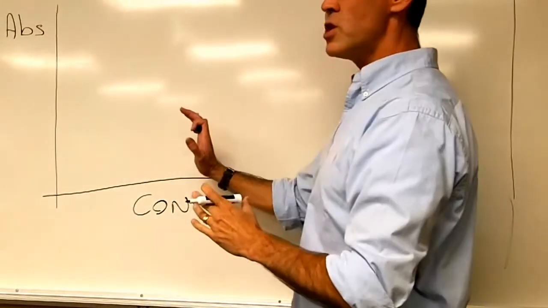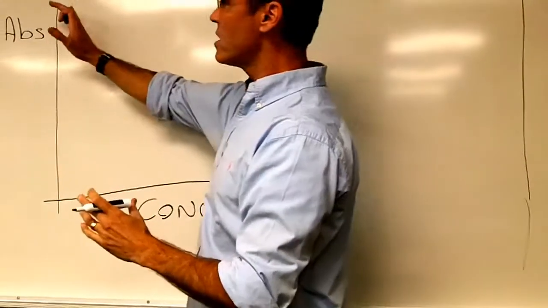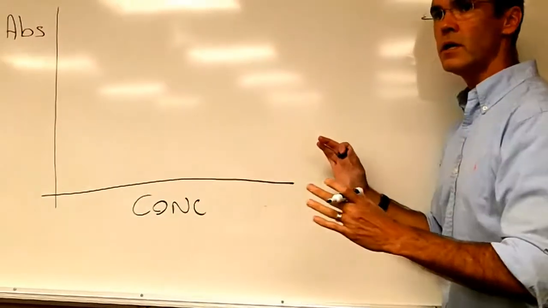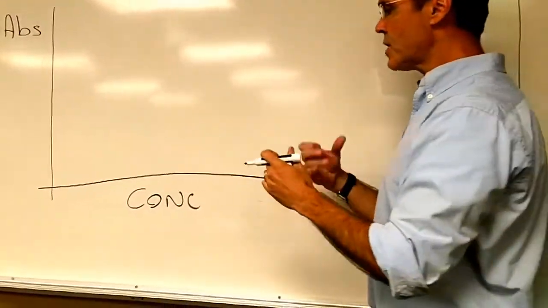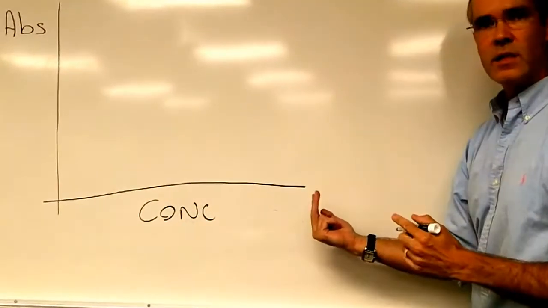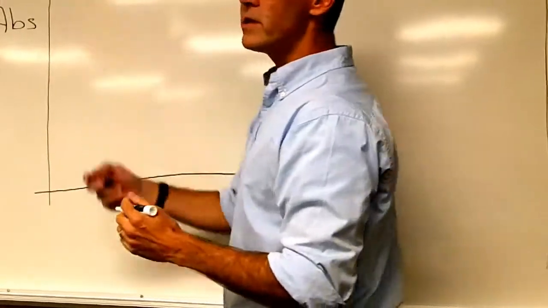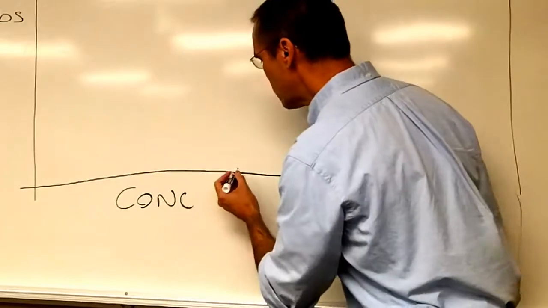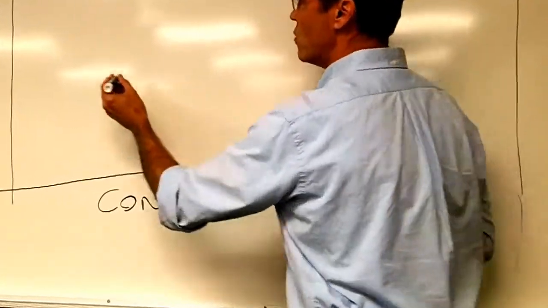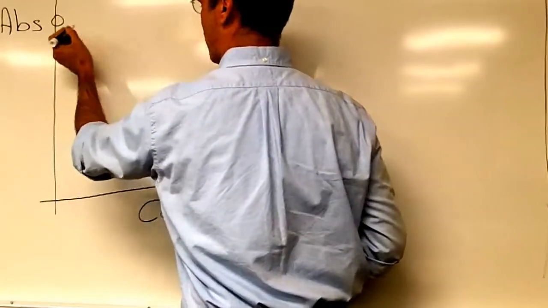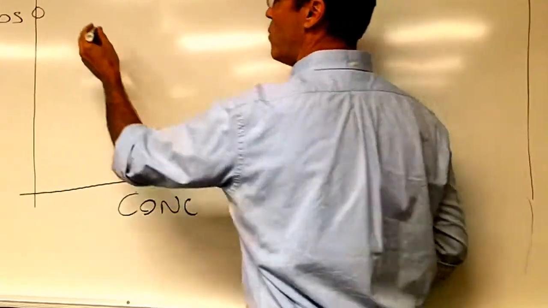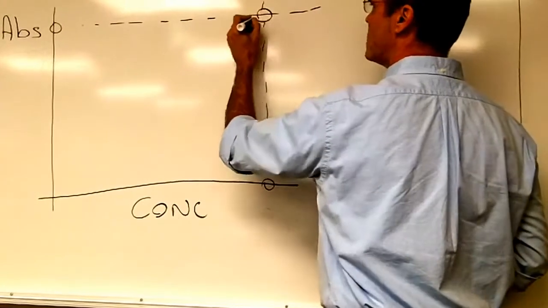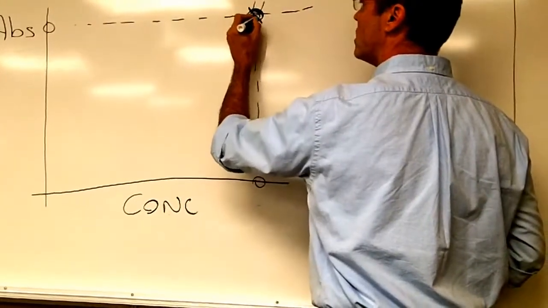So as the concentration changes, the absorbance is going to change. And in spectrophotometry, it's not very difficult. As the concentration increases, the absorbance increases as well. Okay? So let's say that we have this concentration here. We will have a higher absorbance. Okay? And wherever these two meet, that gives us a point on the graph right here.